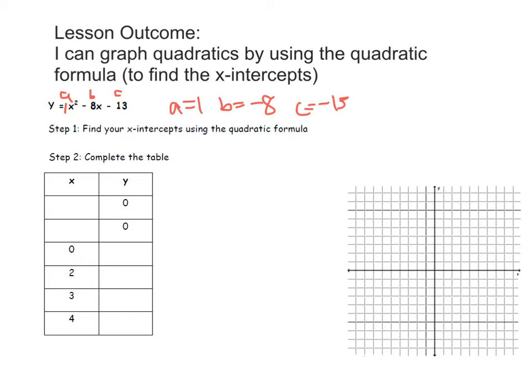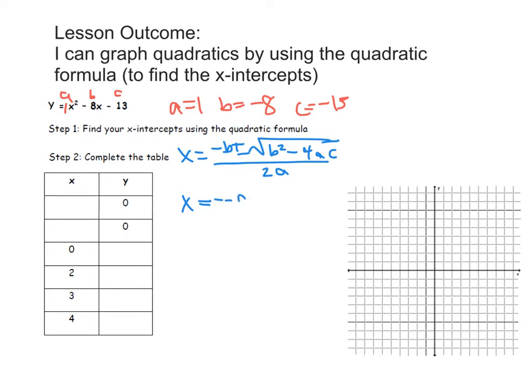Alright, so the quadratic formula again we've been using: x equals negative b plus or minus the square root of b squared minus 4ac, all divided by 2a, and we'll fill it in with our a, b, and c value.